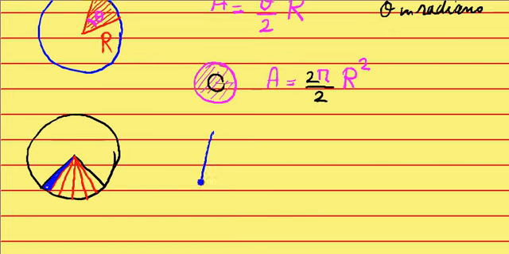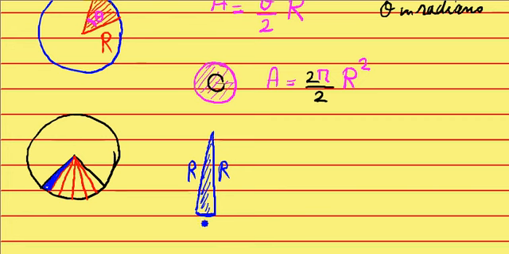Let me enlarge that slice. The side of this is going to be r. The angle here is very small, so the shape of this slice is going to look like a very thin triangle.